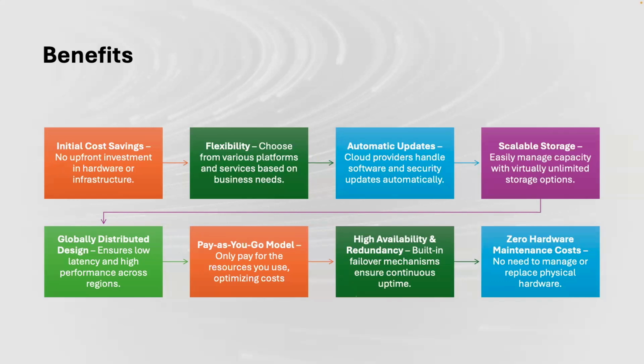Maybe you can use both, hosting some applications in AWS and some in Google Cloud, depending on multiple criteria. You have flexibility to choose different platforms and services. Automatic update: you don't need to worry about updates, patching, or upgrading your backend operating system or servers. The cloud provider does continuous updates.